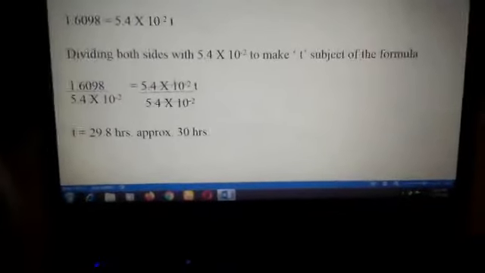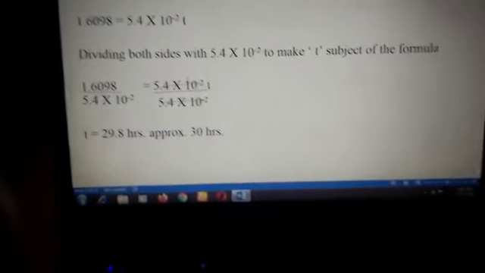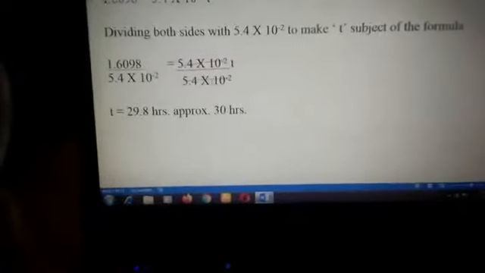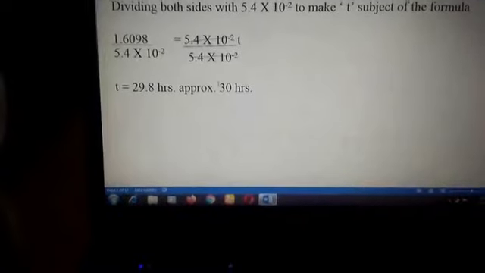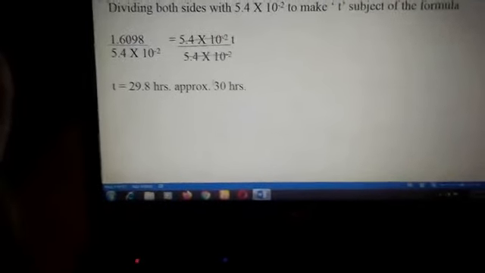On the right hand side, 5.4 times 10 to the power minus 2 divided by itself cancels out, remaining t. So t becomes 1.6098 divided by 5.4 times 10 to the power minus 2, which gives you 29.8 hours. So time is 29.8 hours, approximately 30 hours. So it's going to take 30 hours for the concentration of 0.05 molar of cyclopropane to reduce to 0.01, as asked in the question.